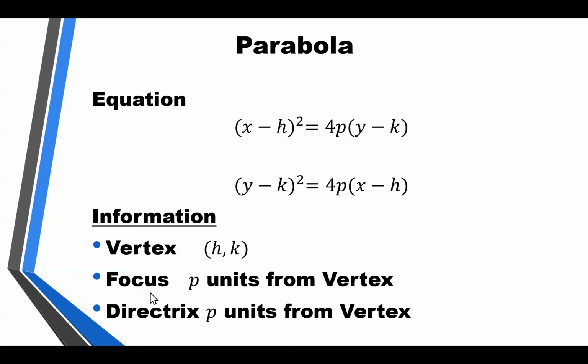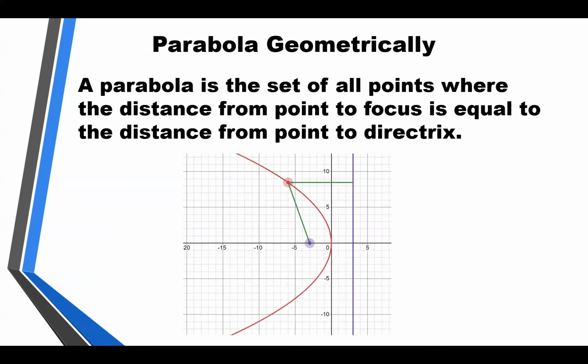Now, the reason we don't denote this as something else is because this value of p is actually giving me how far a focus is from my vertex and how far a directrix is from my vertex. Those words might not make sense, so let me talk about what they are geometrically. Okay, so here we have a picture of a parabola in red that's pointing to the left.